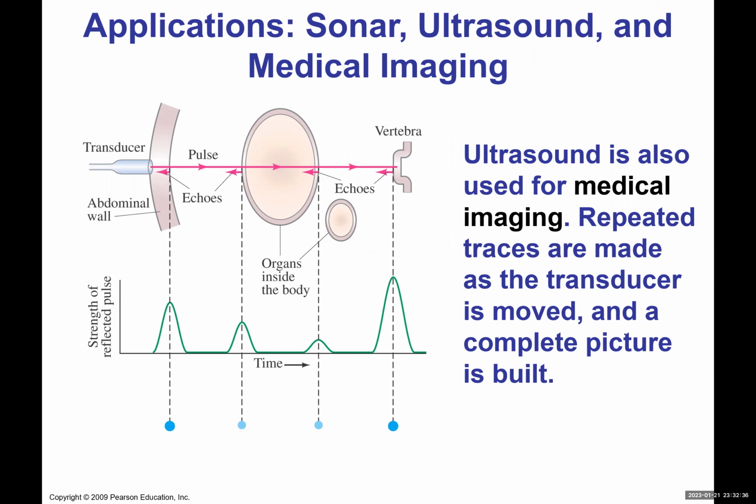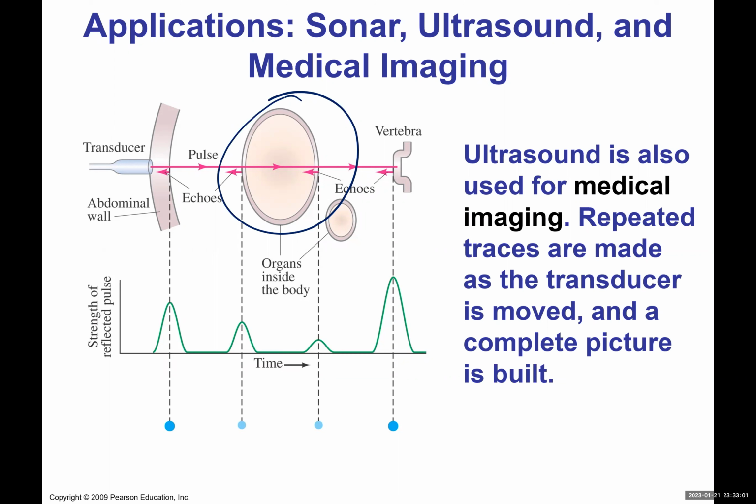For medical imaging, it's very useful because it can easily go through the skin, and if you have some kind of organ inside the body that you want an image of, you can just use sound waves. Sound waves are not dangerous for our body because they don't have a lot of energy associated with them.